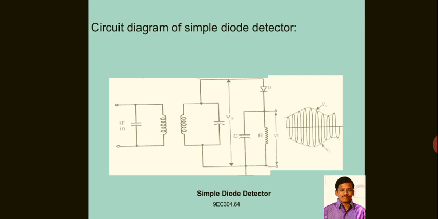It will be given to a coil, which is similar to a transformer. After that it will be given to diode D as shown in the figure. Then it will be given to an R and C combination. Parallel to R we are taking the output voltage. So at the resistor we are getting the output voltage.